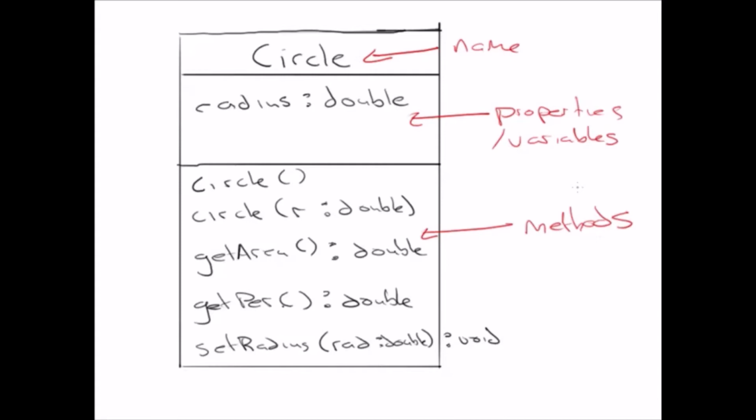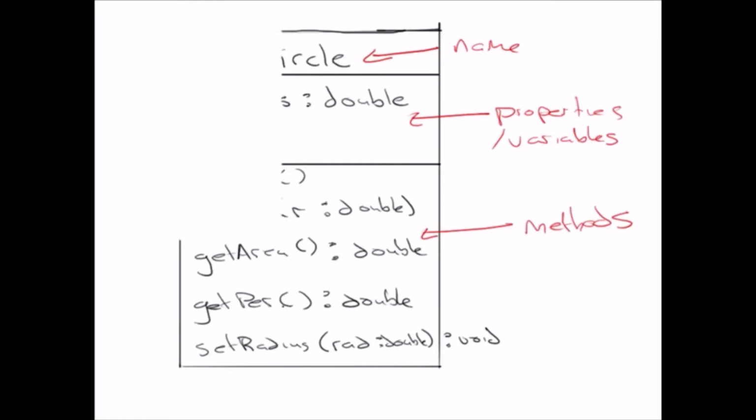We also can have an object diagram, which is kind of like a simplified version of this. So in our case, in our test program, we created 3 circle objects. So we can draw an object diagram like this. We had C1, which was a circle, and the radius was equal to 1.